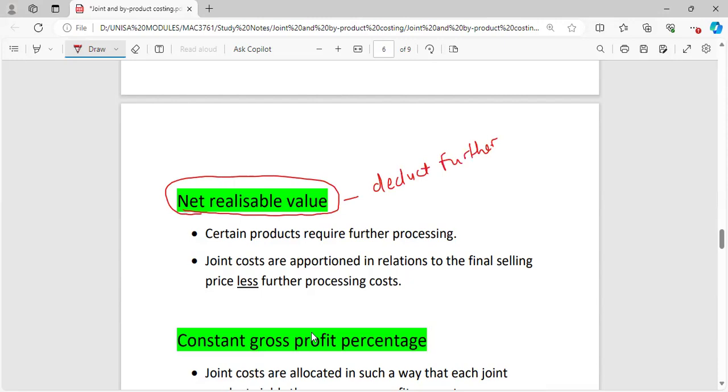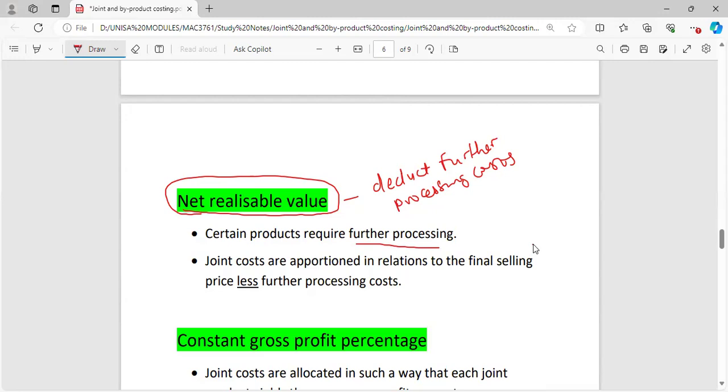So if the question requires you to allocate using the net realizable value, you need to deduct further processing cost. Then you get the net realizable value for each product, and you allocate based on it.